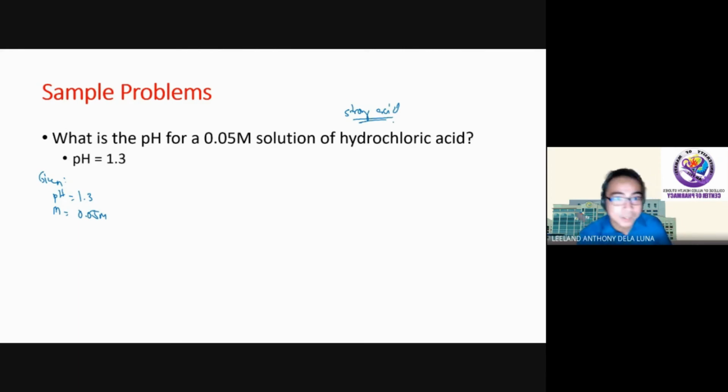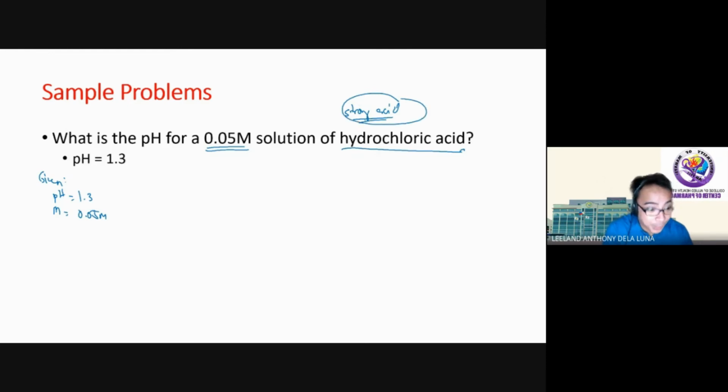Now, the thing is, class, when you use a strong acid or a strong base compound here, whatever the concentration of your strong acid is, that will also be the concentration of your hydronium ions, provided again that it's a strong acid.